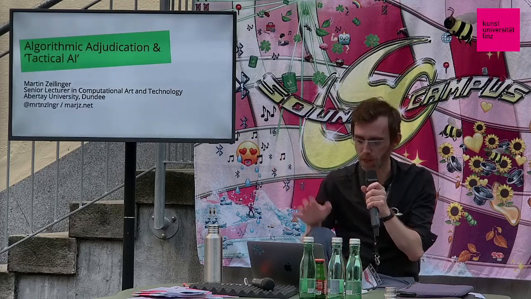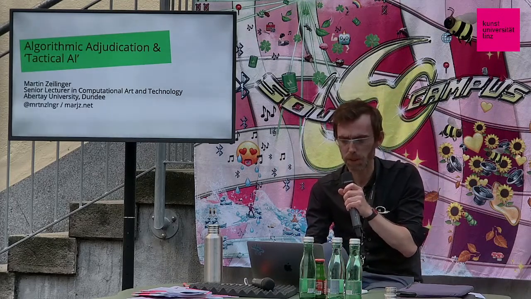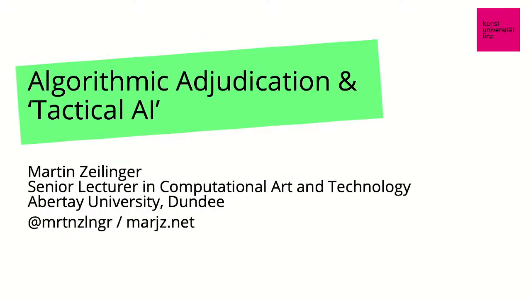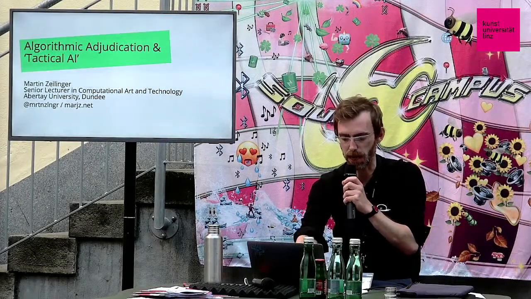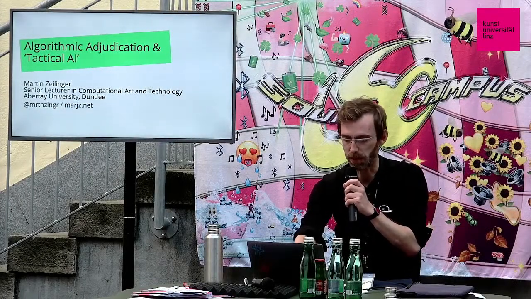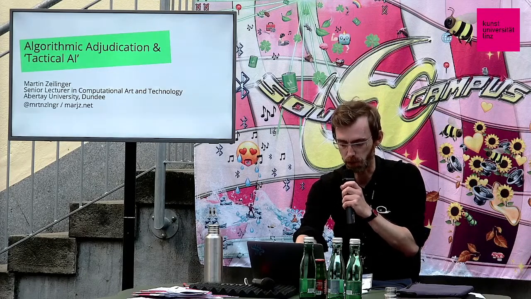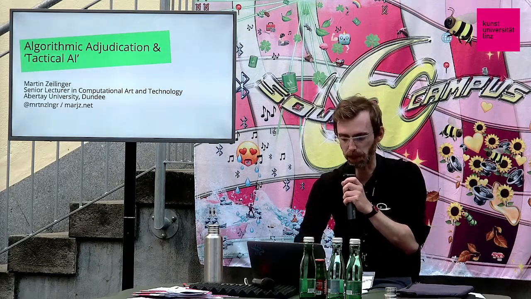But here we go. I'll be talking about artificial intelligence and machine learning most generally, and more specifically about artists who approach these technologies in what I like to call a tactical mode of operation, and who do so in ways that I feel are useful for thinking through problems of bias and agency, specifically in relation to the issue of algorithmic adjudication.